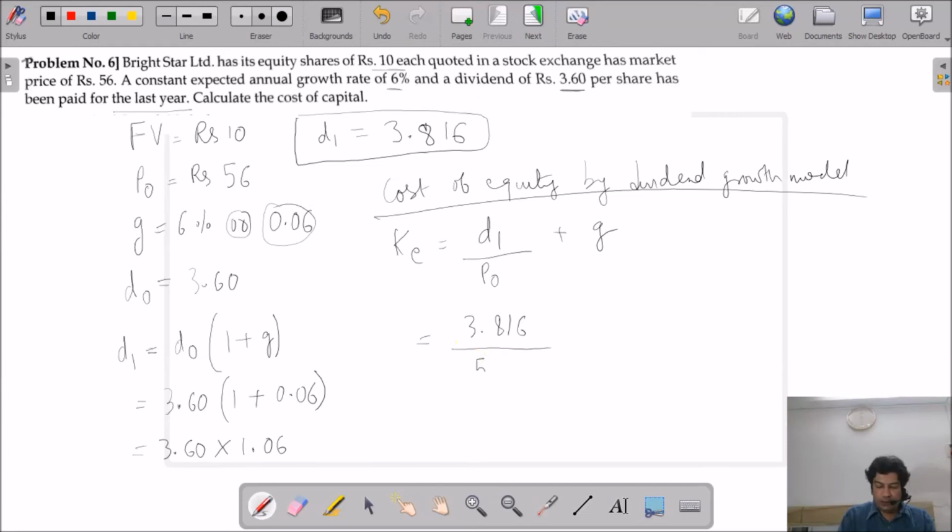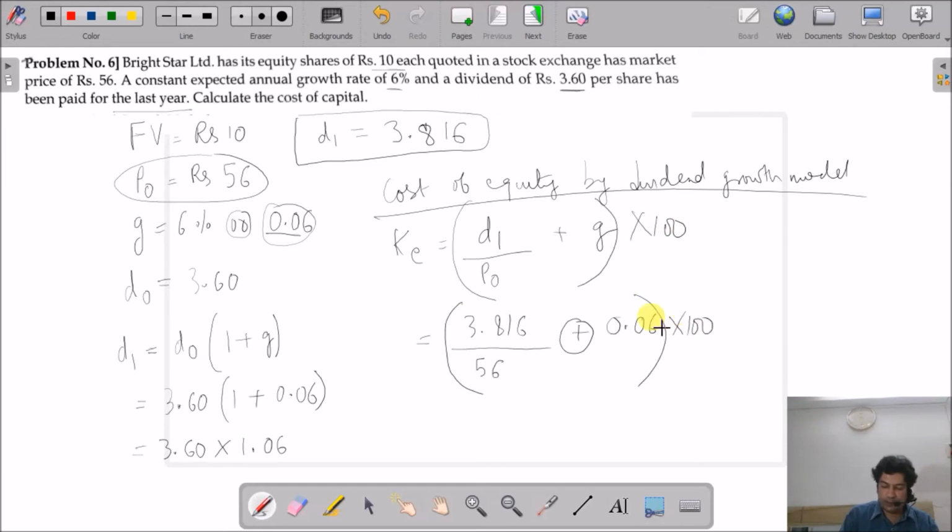Then we have P0 which is 56, plus the growth rate, which is 0.06, and this entire thing we are going to multiply by 100. So it's 3.816 divided by 56 plus 0.06, multiplied by 100. So I'm going to get 12.81%. So 12.81% is our cost of equity.